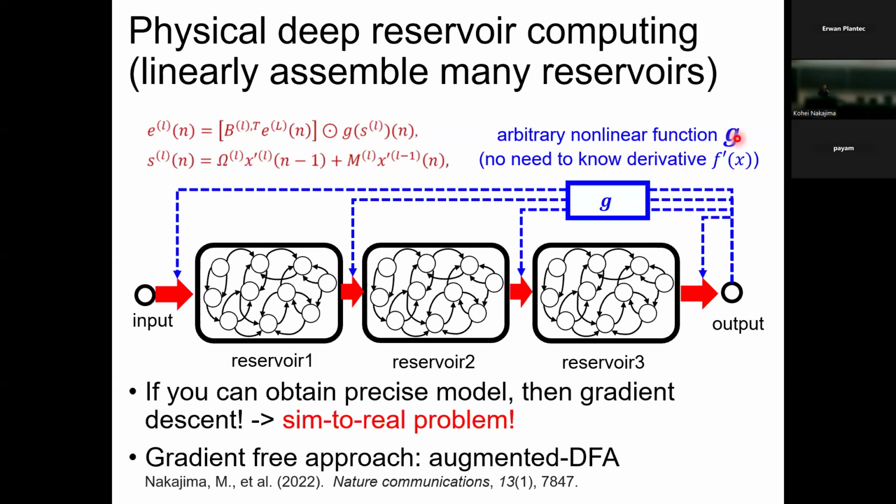Applying this nonlinear function g, the back propagation successfully works. We are now checking why this works, and there certainly exists some kind of condition. We are checking what is fundamentally important to make this augmented DFA work.